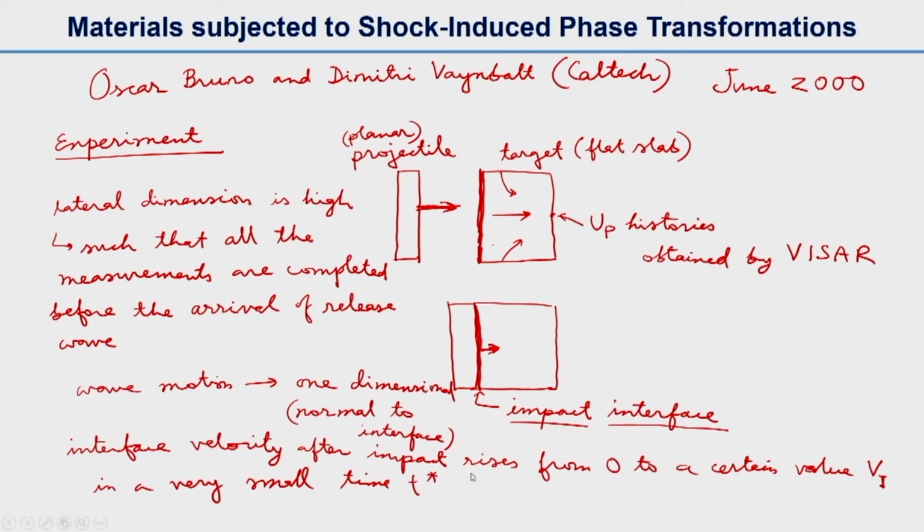It is a very small time, but non-zero. That means the rise of the interface velocity is very quick: in a very small time it rises to velocity Vi.